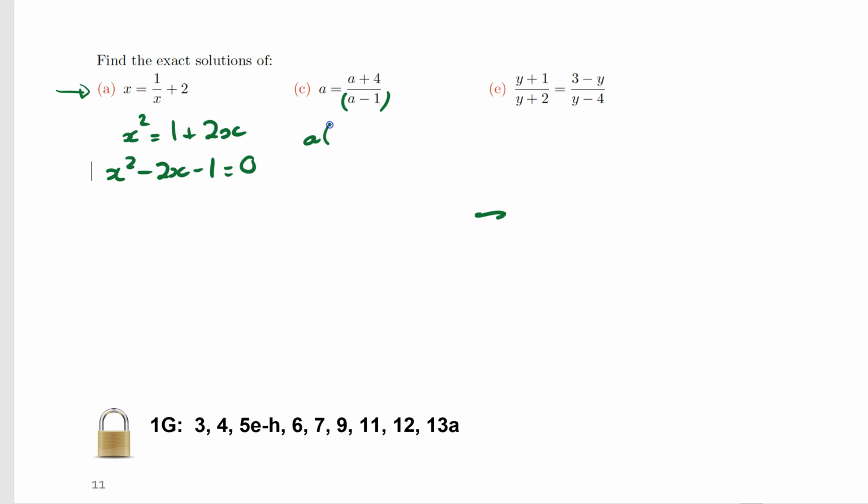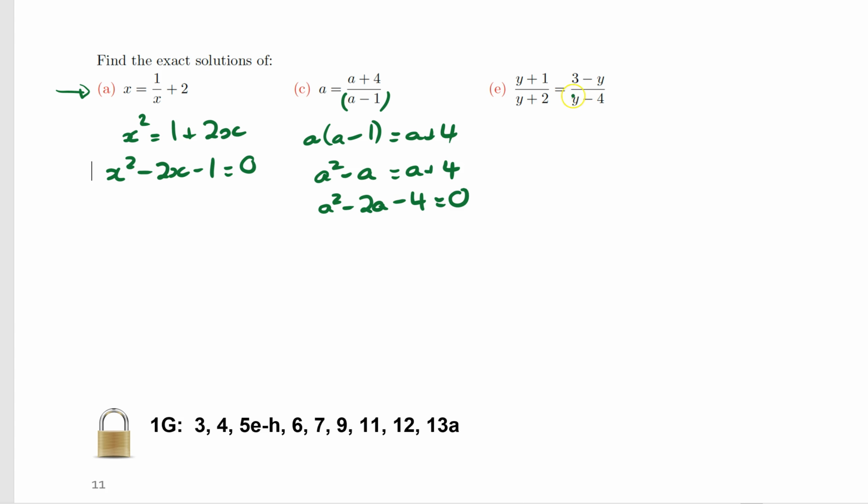The end result, of course, though, is the same. So we would get that, then work on that, and we'll get a squared minus a equals a plus 4. And if I bring this a across to here, I'll have a squared minus 2a minus 4 equals 0. Away I go with whatever solution method I can make work.